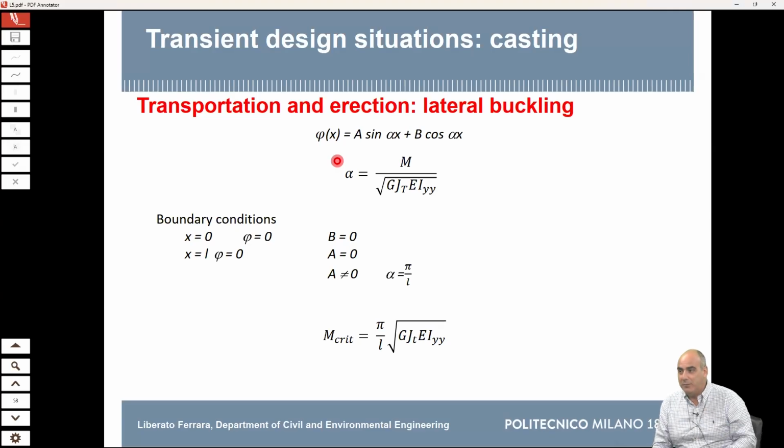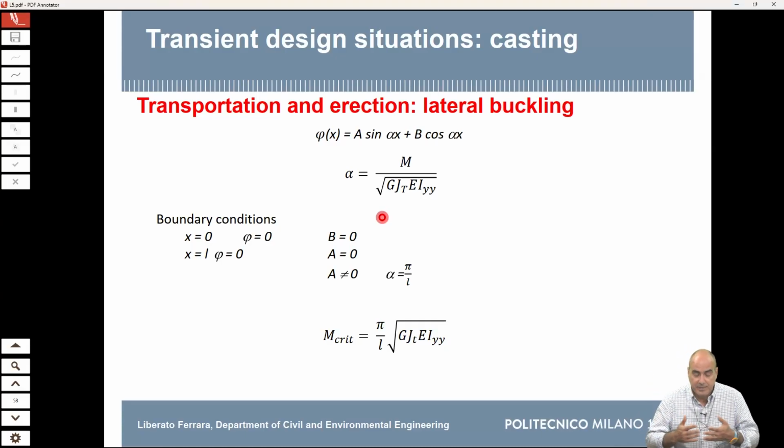And trigonometric functions have these nice properties that they are periodic. They are 0 when the argument is 0. If you put alpha L equal to 0, either L is equal to 0, but a beam with 0 length does not exist. Or alpha equal to 0 means M equal to 0. Well, there is no moment, the beam is unloaded, nothing happens. Or it's infinite stiffness, but if it's infinite stiffness, the beam doesn't deform.